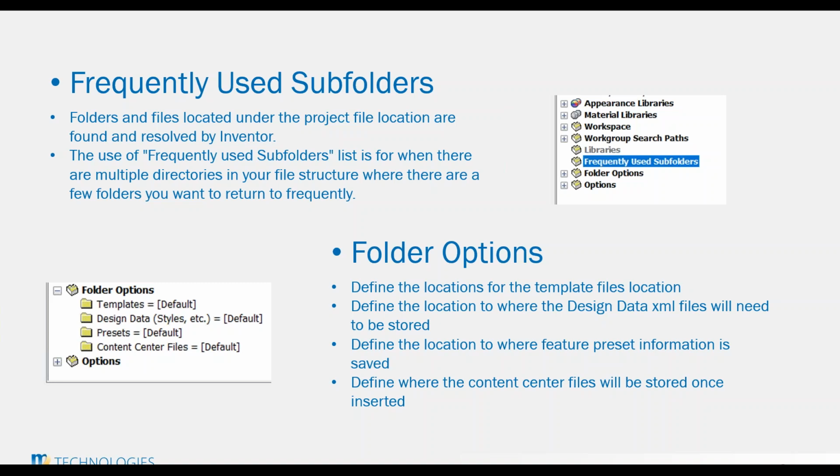So I don't really foresee anyone needing multiple preset locations. It would mean you would do certain types of holes for one customer and maybe certain types of holes for another customer. That's really where I could see possibly 2 different preset folders existing.